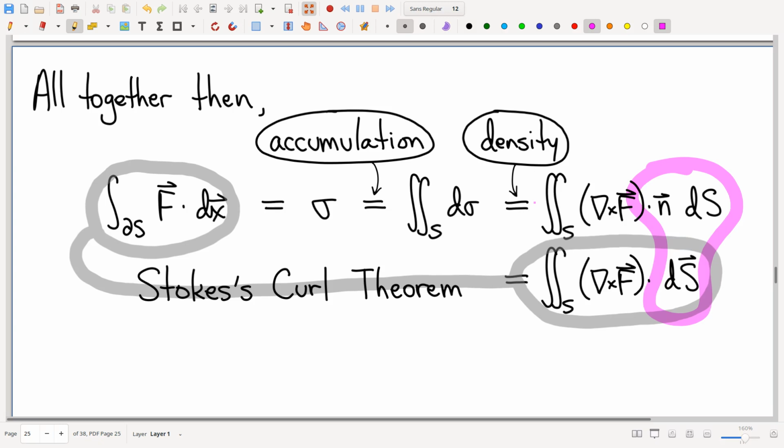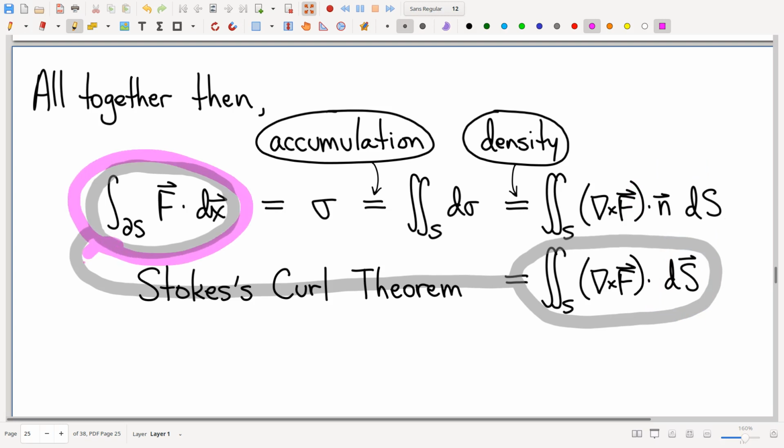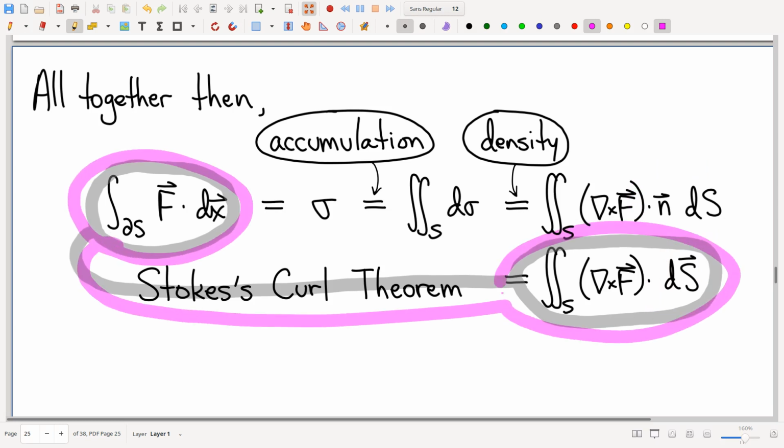I like this a lot. Looks like the book agrees with me on this. And this is how I, given my druthers, would prefer to write it, just because I think it kind of looks better on the page, if nothing else. Also, it's slightly fewer pencil strokes, right? So that's got to count for something. And this is how I write Stokes's curl theorem. How we doing? Everybody happy?